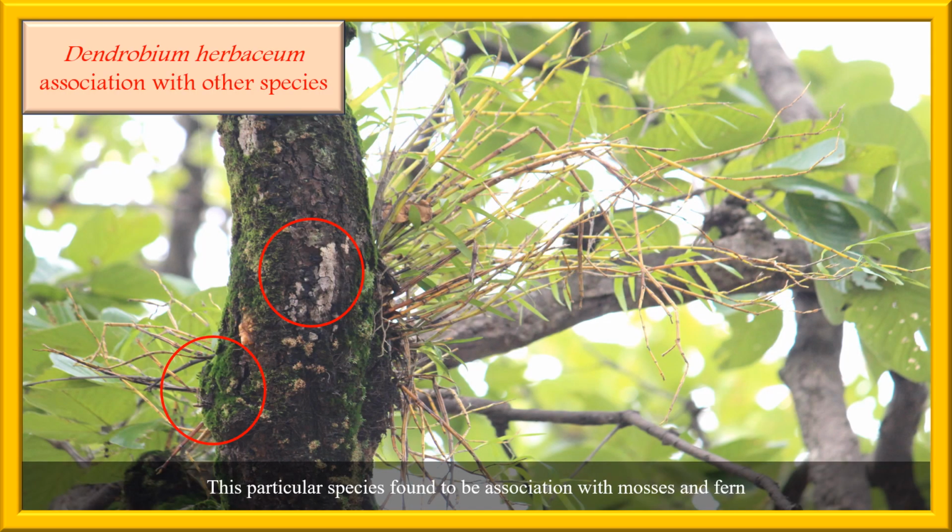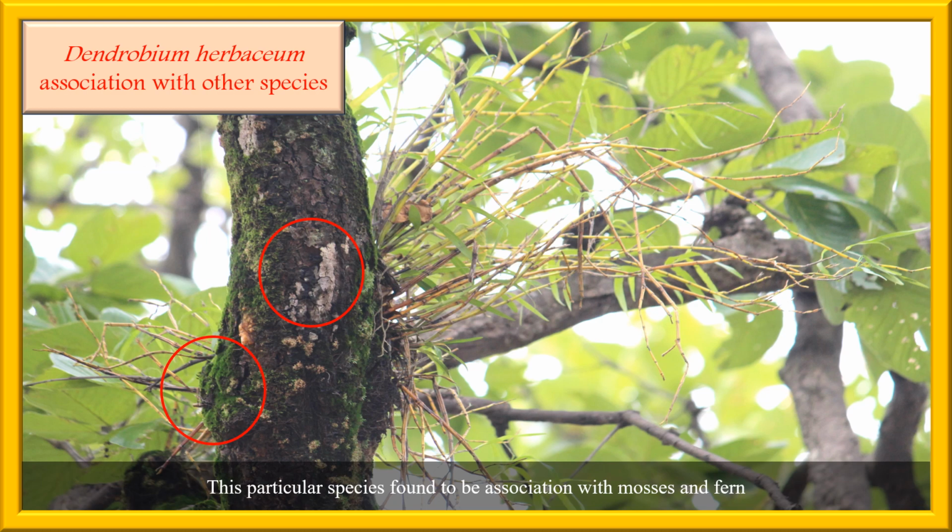Then comes the Dendrobium's association with other species. Does it have some symbiotic association with other species or not? Mainly we have seen that on the host plant where this Dendrobium herbaceum is attached, there are mosses and ferns. The mosses and ferns give food and nutrition to this orchid to survive in that atmosphere.